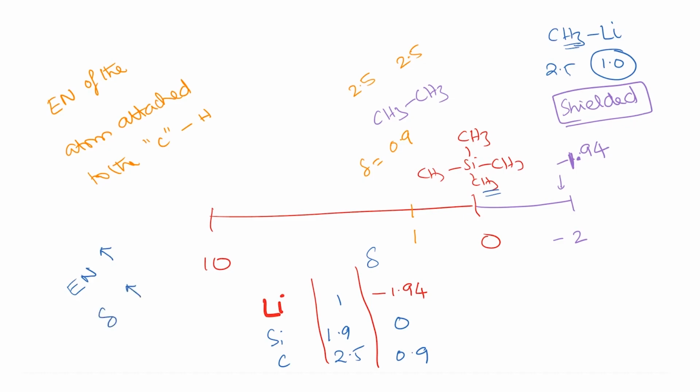We can understand this purely by invoking the concept of shielding and de-shielding. The more shielded the group is, the lower the chemical shift. So, in the previous example, we saw that the electronegativity of the group is very important in determining the chemical shift.